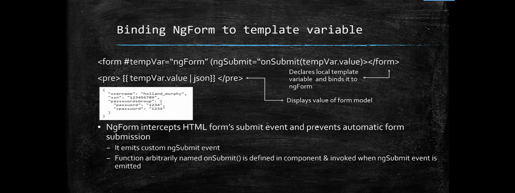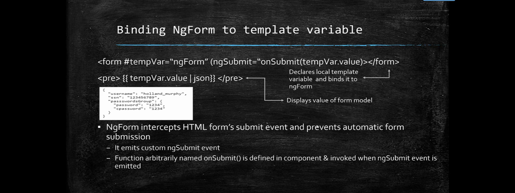So binding ngForm to the template, very easy. Just in most cases, depending on your use case, but in this use case, we just create a local template variable called tempVar that's preceded with the #. That creates a local template variable that we're binding to the ngForm object. Generally, again, done inside of a form element, and we haven't talked about this, but we will in just a second.